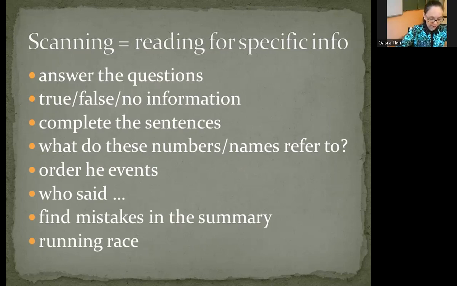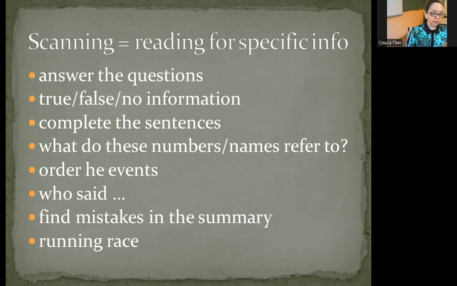This is when the text is placed on the wall, the questions are on the students' desk, or vice versa. If the text is in the book, so the students have it on their desk, and the questions are on the wall, one student runs up to the wall, reads the question, and runs back to the desk to tell the first student the question and find the answer together.